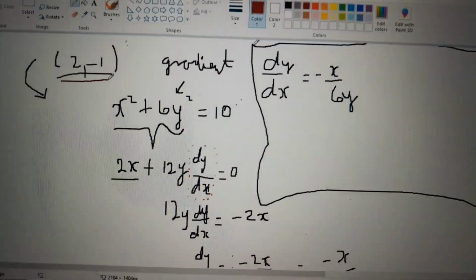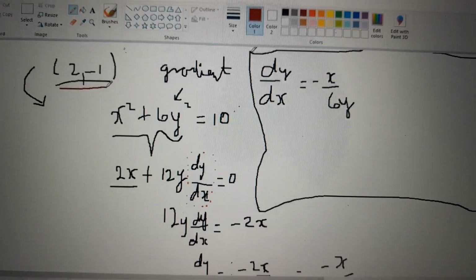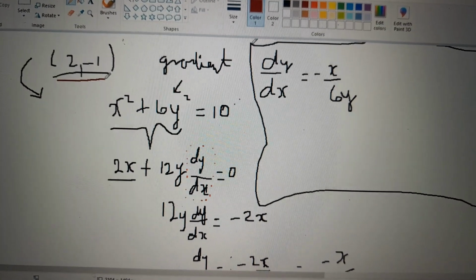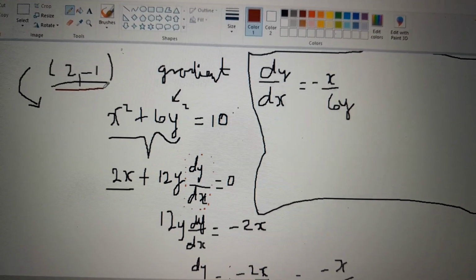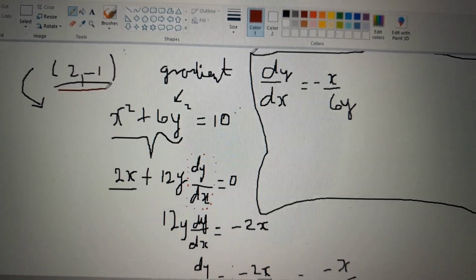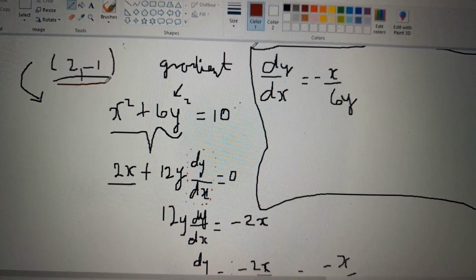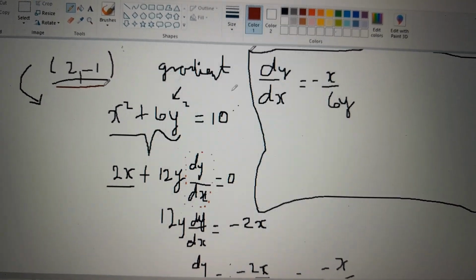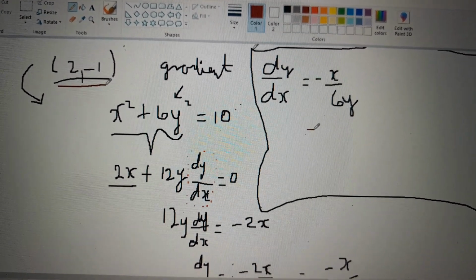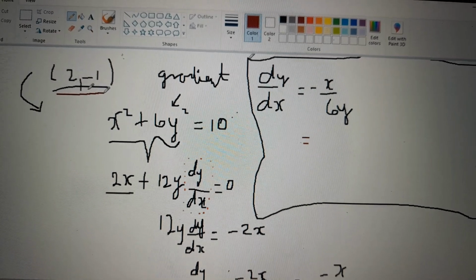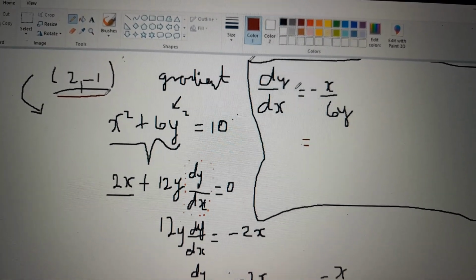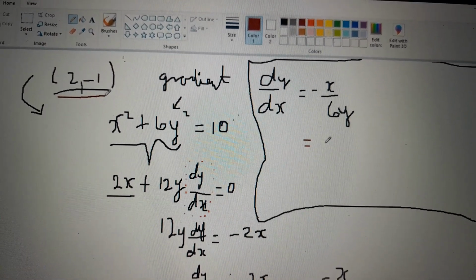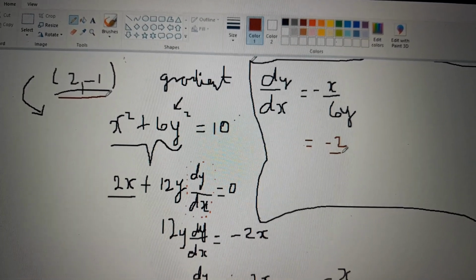That's the gradient function, but we want the actual gradient. And the actual gradient is a rational number. It could be a whole number, it could be an integer, it could be a fraction. So they ask us for the gradient, so we need to give them an actual value. So we have an x value, so it's -2 over 6.